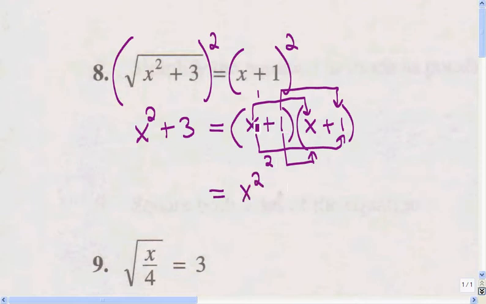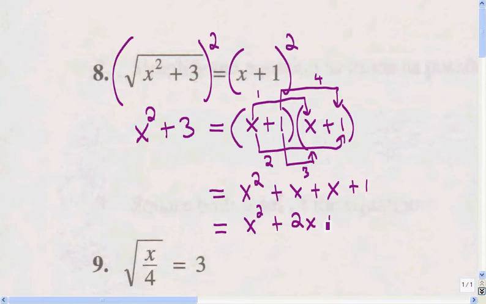X times 1 is going to be a positive x. And then I do the second term. 1 times x is going to be a positive x. And 1 times 1 is going to be a positive 1. That's going to give me x squared plus 2x plus 1.